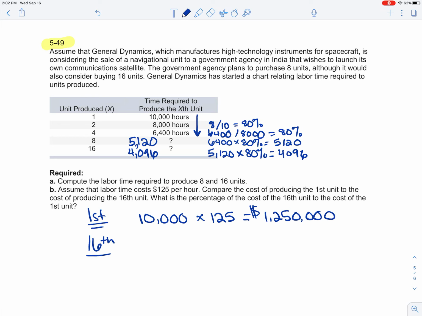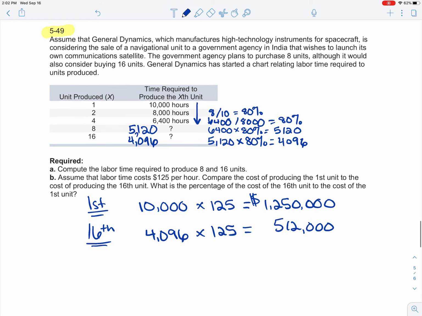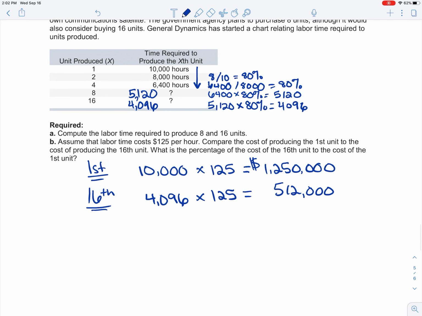When I come down to that 16th unit, that's when it's going to only take me 4,000 hours. I still have to pay the same amount of money, but look at that difference in cost. That's what that learning curve is doing for you. So if they want to look at this as a percentage, which they do, what is the percentage of cost?